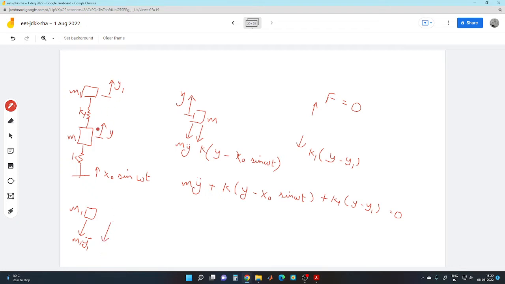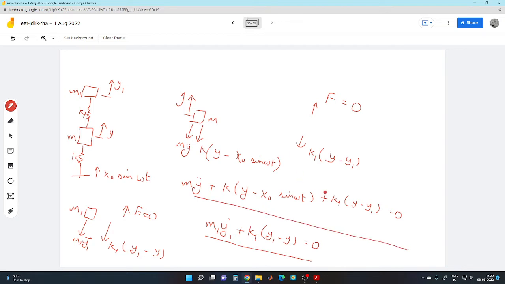If we assume that k1 is applied downwards, then we are assuming it is an extension, so k1 into y1 minus y. And again, there is no external force, so it is 0. So m1 y1 double dot plus k1 y1 minus y equal to 0. These are the two equations obtained, right?